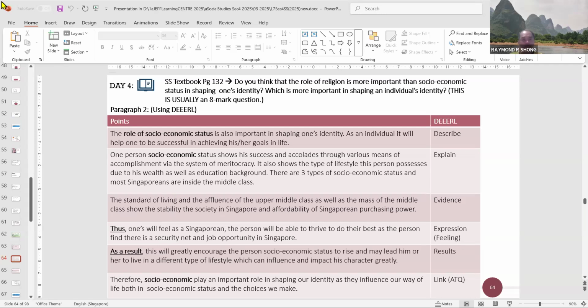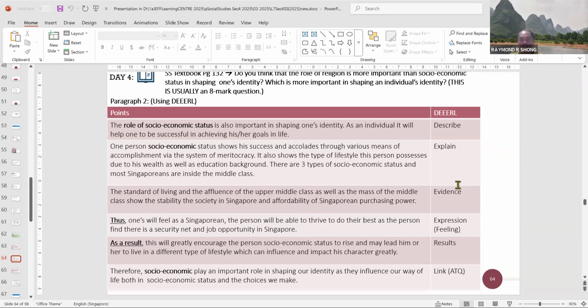So take note, it's called DERL, understand? You describe why your parents are important, explain that your parents' love is important, give evidence. Because when I was young, I got high fever. My mom and dad had to carry me and run because at that time we had no transport. And it's quite true. Some of my friends, when we were young, we didn't have Grab cars.